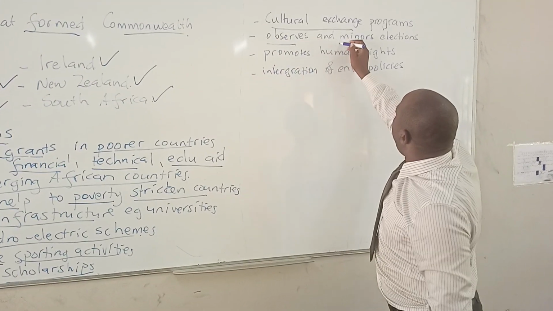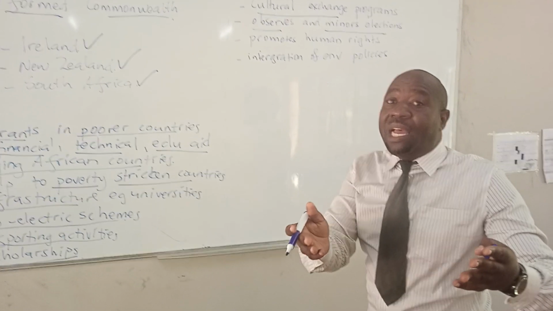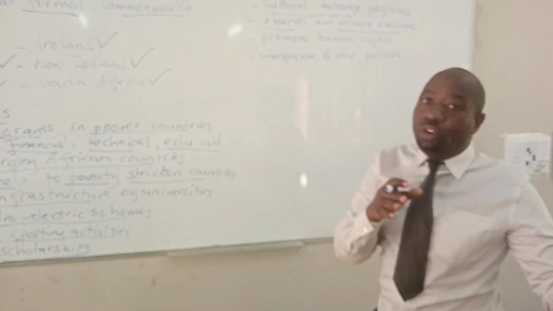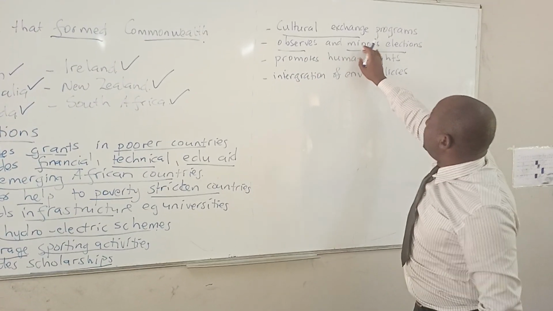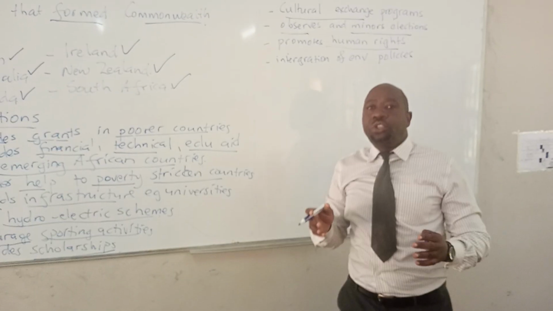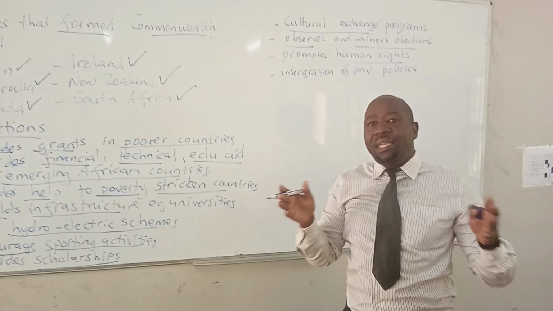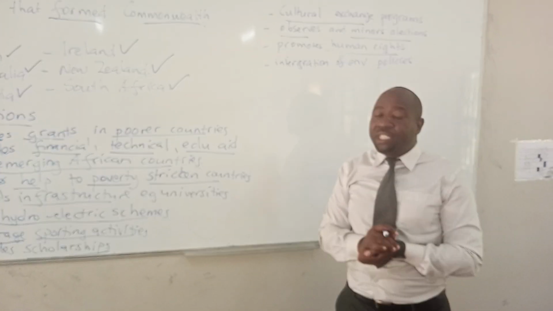It also observes and monitors elections. If elections are to take place in a country, we see that they send an observer team to go and observe the elections. It also promotes human rights, making sure that human rights are respected in different countries. People are not exploited.